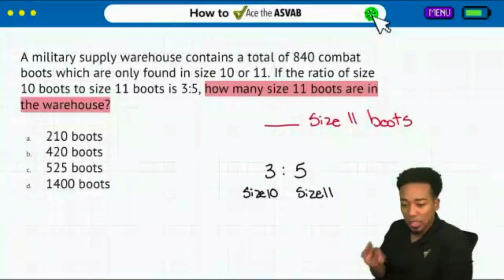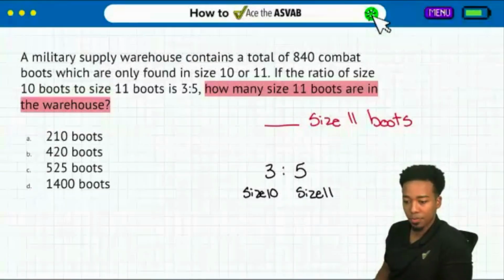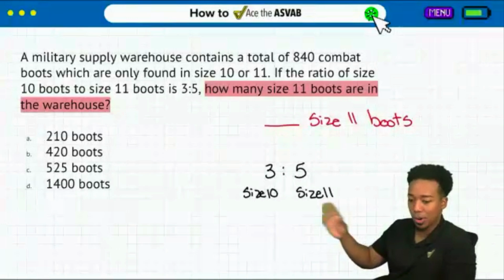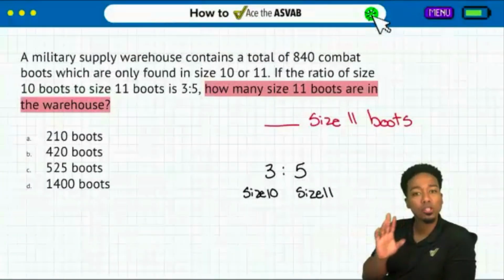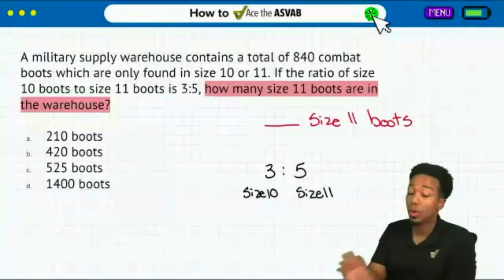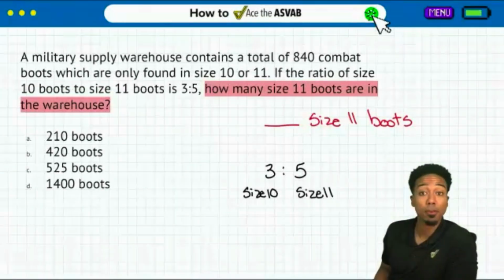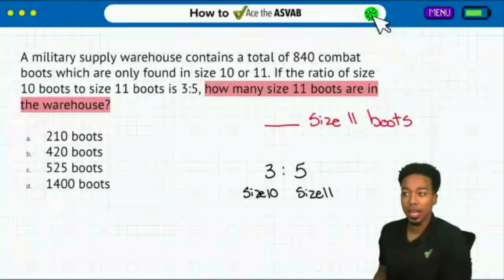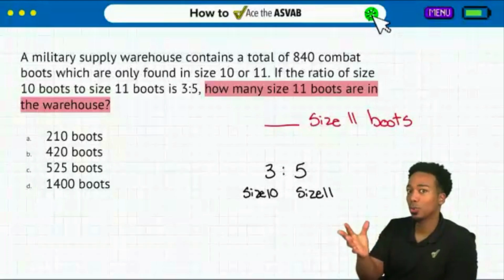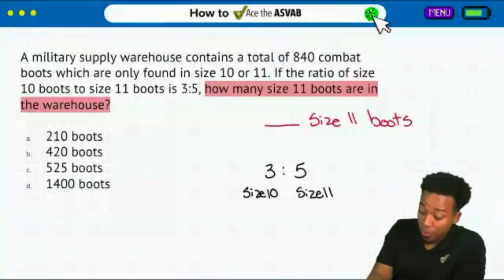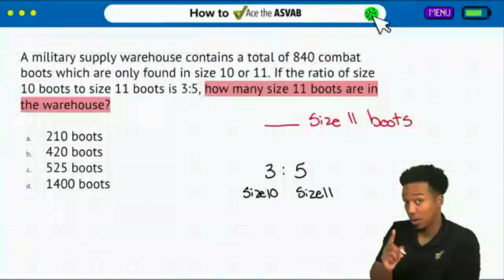Like, we're not throwing 10 or 11 in any calculations here. It's just the representation. If you see a number that represents something, it's the name of it. It's not the actual number we're calculating with. The 3 and the 5 is what we're going to be calculating with.